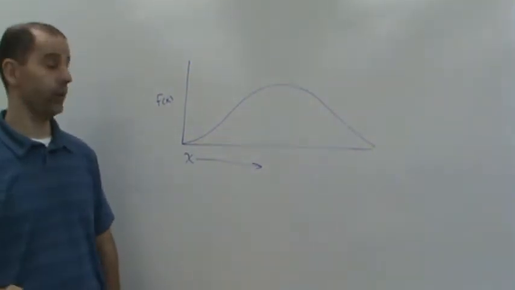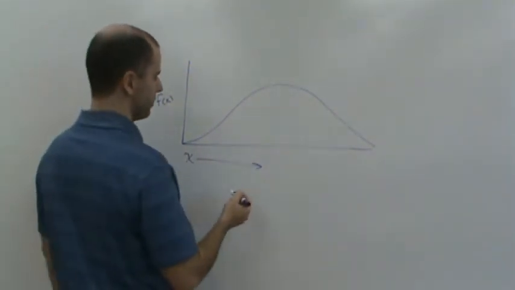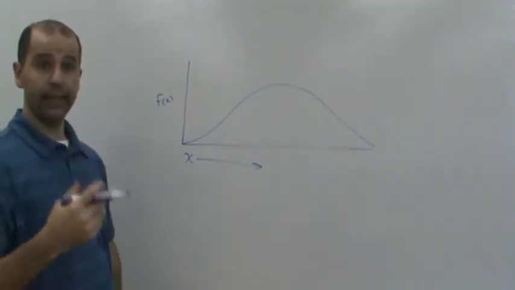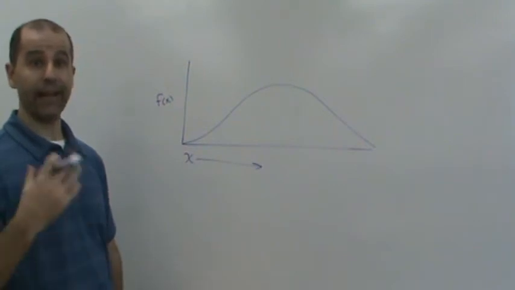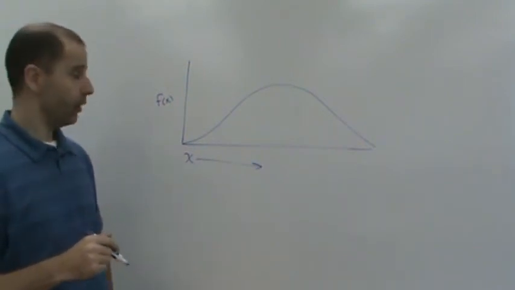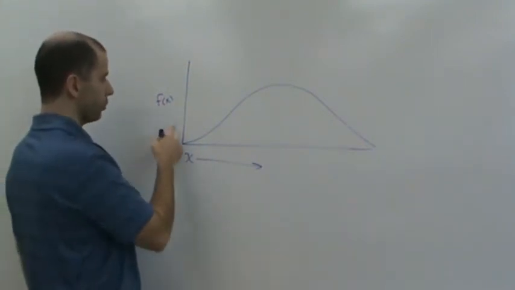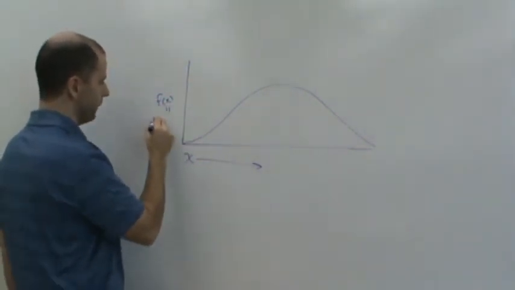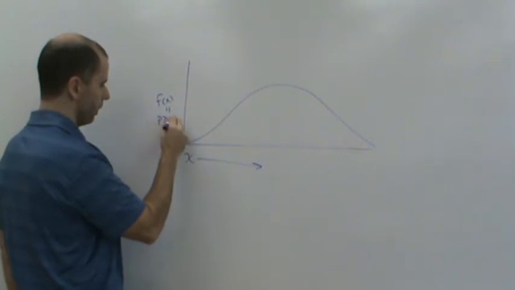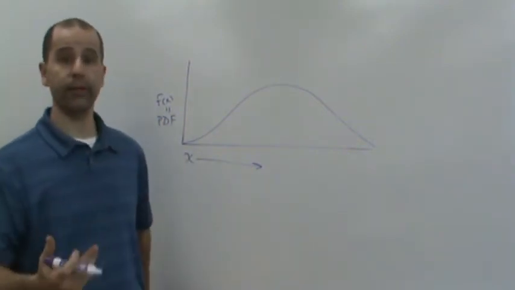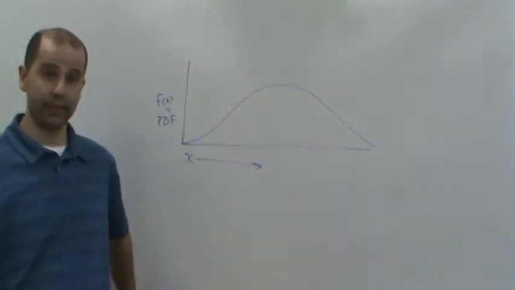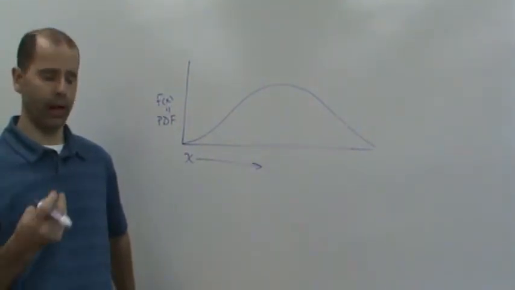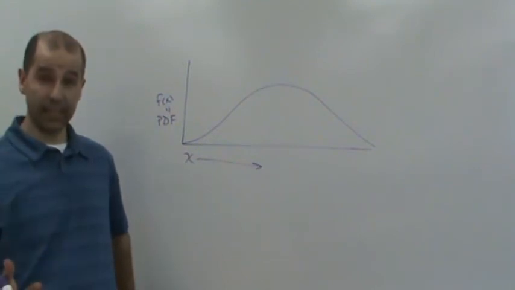In the continuous case, we treat the area under the curve as probability. In fact, it's equal to probability. This is going to be the height of the bar. This is the PDF, but in the continuous case, it's called the probability density function.